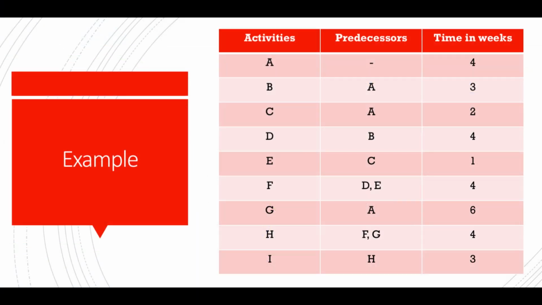Using this example, from this table, we have the activities, we have the precedence activities, and then we have times in weeks. To solve this question, we need to draw a network diagram.